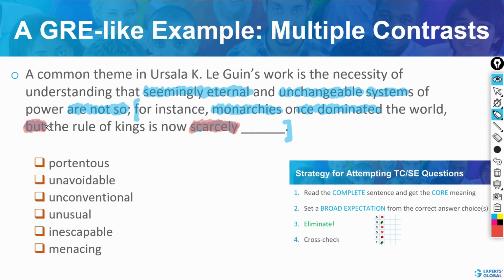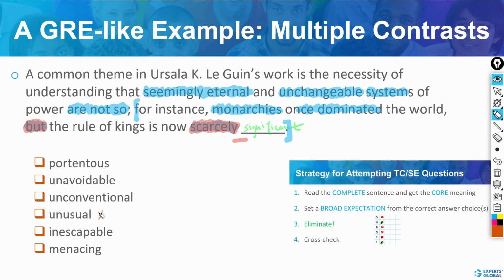We want to say that but the rule of kings is now rare, but the term scarcely has already come in here, therefore a shift has come. So now scarcely something has to represent rare. Therefore in the blank we need a word that means just the opposite. So something like significant, that the rule of kings is now rarely significant.